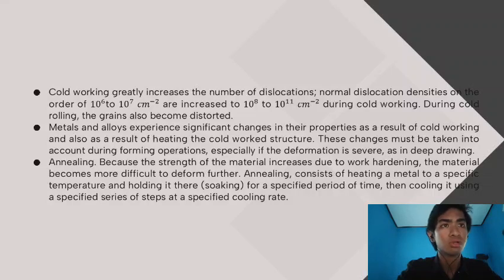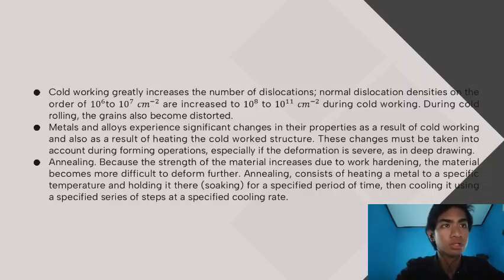During cold rolling, the grains also become distorted. The grains and their slip planes try to align themselves with the direction of rolling. The specific nature of grain distortion depends on the type of deformation process. Such processes include rolling, pressing, drawing, and spinning. With increased degrees of deformation, the amount of elongation increases in the direction of metal flow.